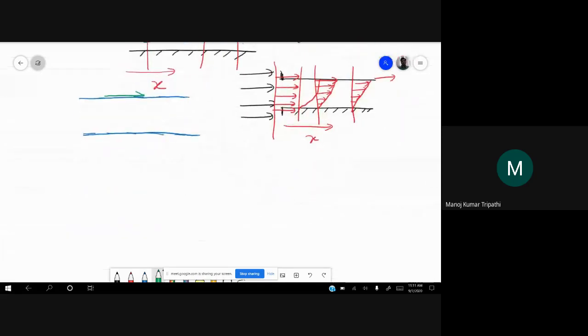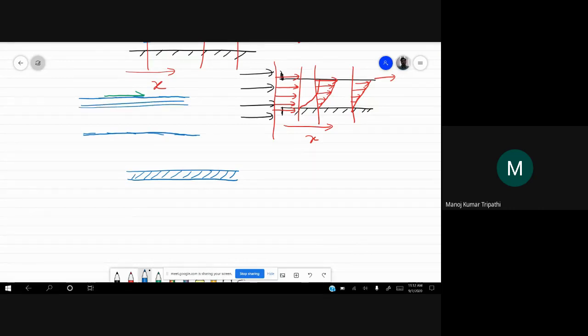Okay, so let us draw two layers somewhere. Let's say this is of this fluid somewhere here. We have just zoomed into this, and let's say the adjacent layer, we separate it out and we draw it here. This is the adjacent layer of the same fluid.